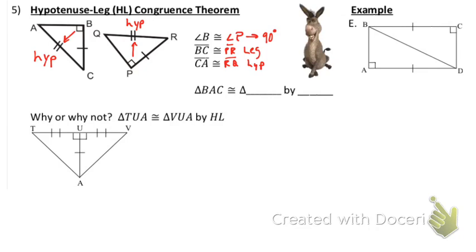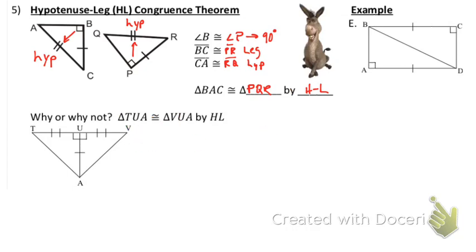So triangle BAC is congruent to triangle PQR, and this is by hypotenuse leg. Okay, so go ahead and I want you to try this one just to get some practice in and answer this question on your notes. All right, and that should do it.